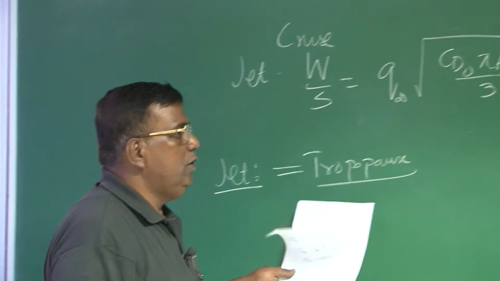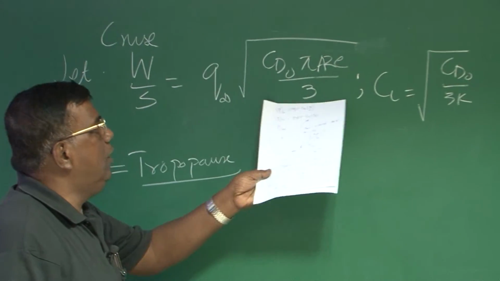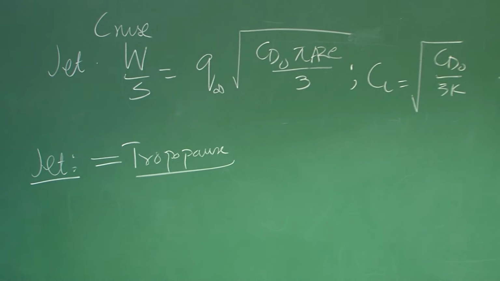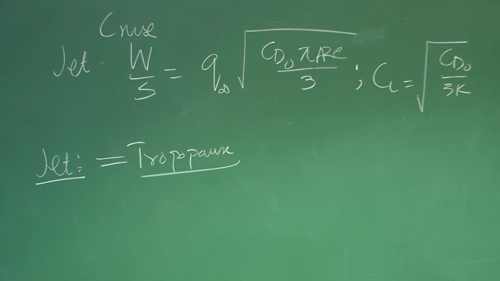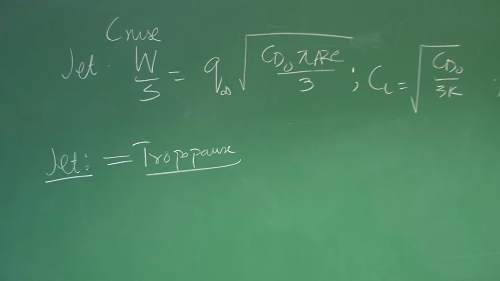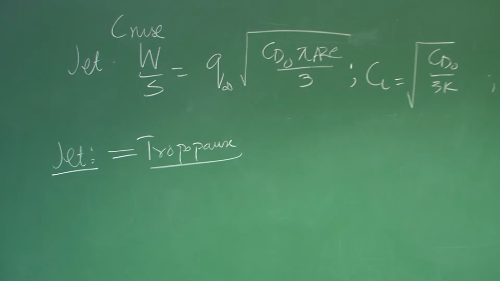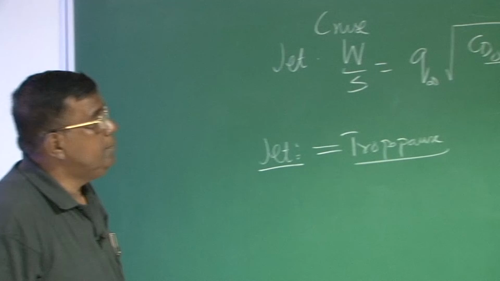So if you have that altitude, then you know how to use this expression. Again, you have to take the help of some historical data to look for what sort of velocity the operator is looking for, whether it is feasible or not, right?